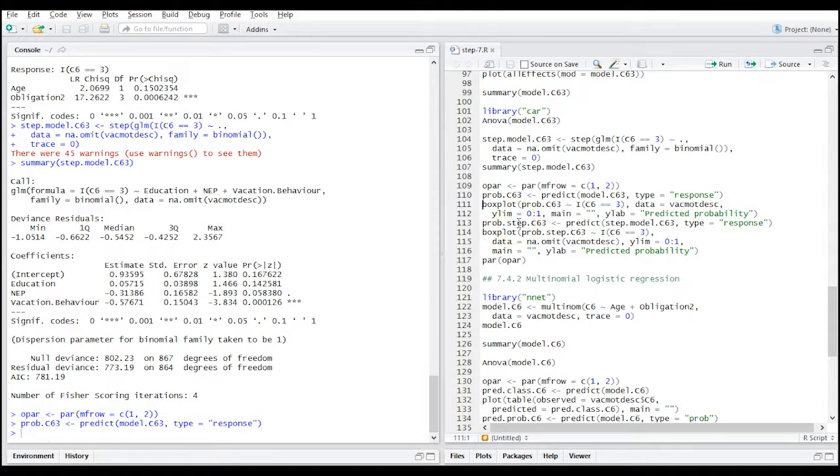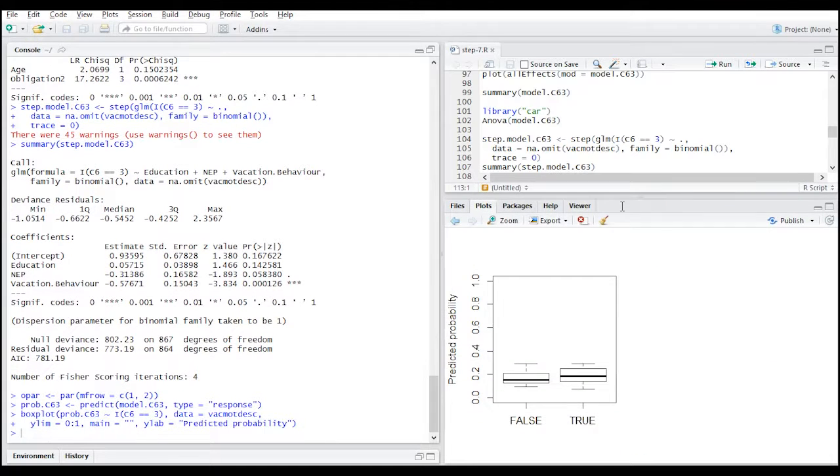The y-axis goes from 0 to 1, so these are the limits of the y-axis. We don't want to have a title, and this is our label for the y-axis. We're creating this parallel box plot between the group of respondents in segment 3 and those not in segment 3.